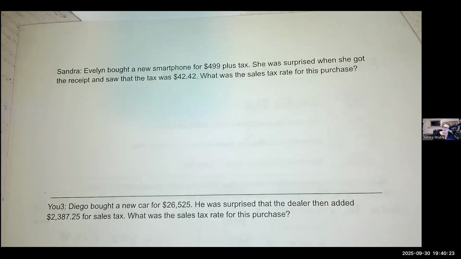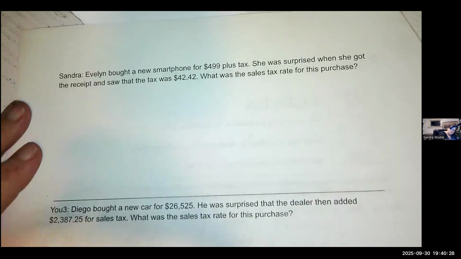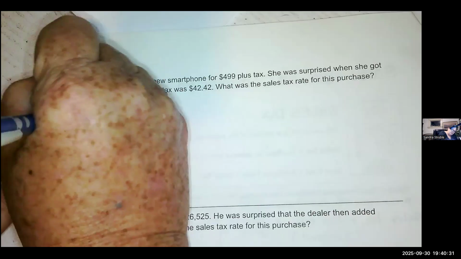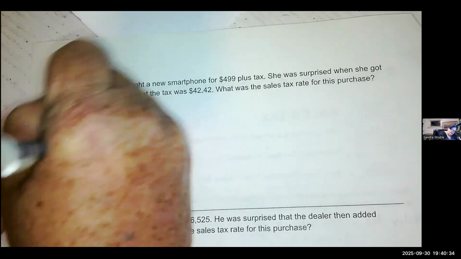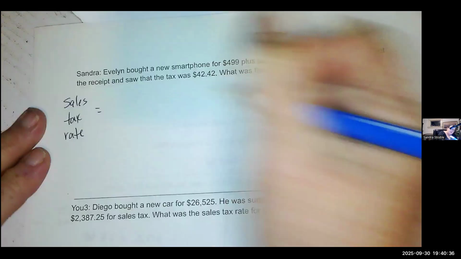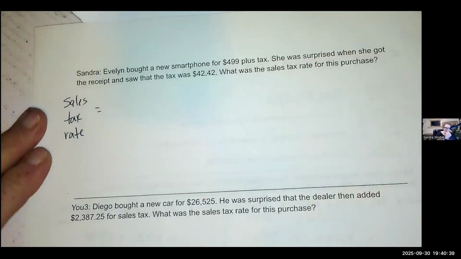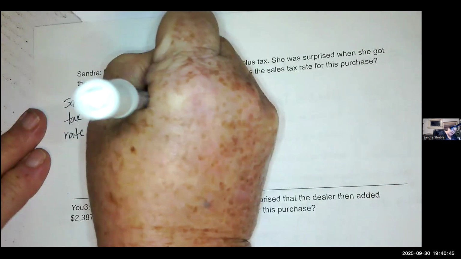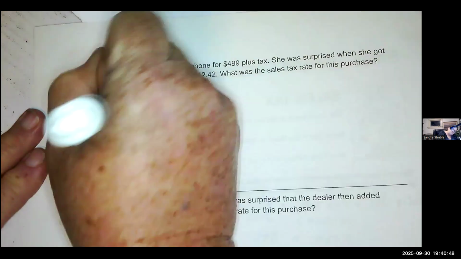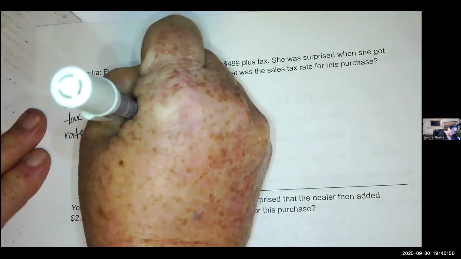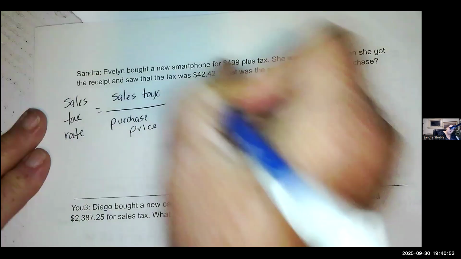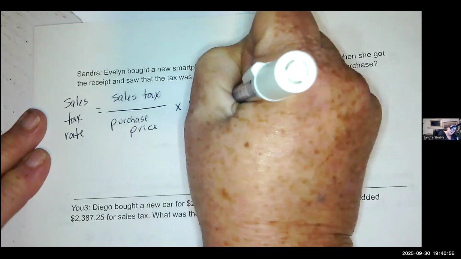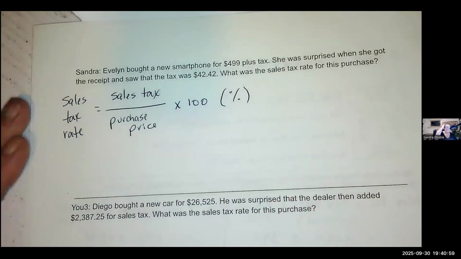Okay, so if we're doing this, we want to say that the sales tax rate, because remember, rate is a percentage. So the sales tax rate, to find the percentage, is the sales tax amount divided by the purchase price. Now this is going to give us a decimal. We're going to have to multiply it by 100 because we have to answer it with a percent, because we're looking for the sales tax rate, and rate always means percentage.